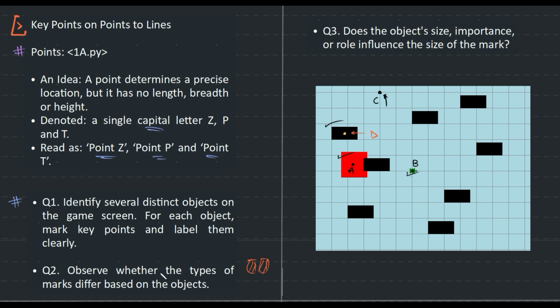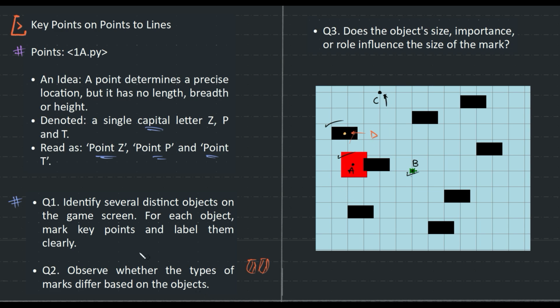Observe whether the types of marks differ based on the object. Do the points differ? Do I have a different way of representing point A and point D other than the color? The color is because of the background. Say point C and point A, is there any difference? Other than labeling, there's not much difference.